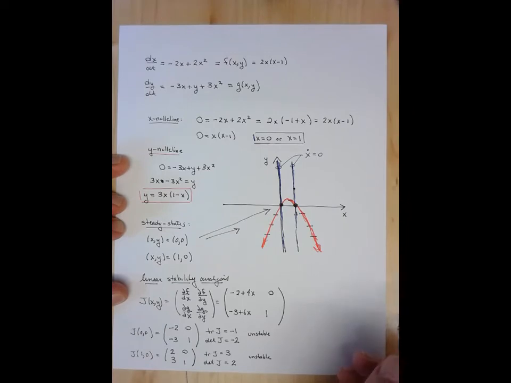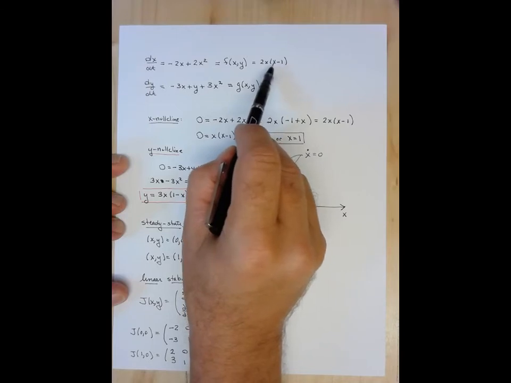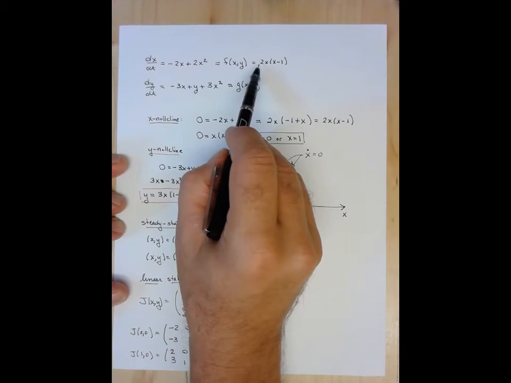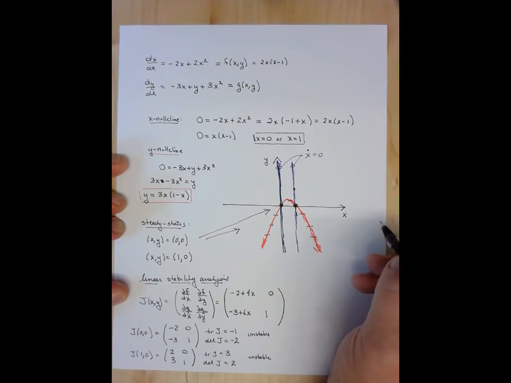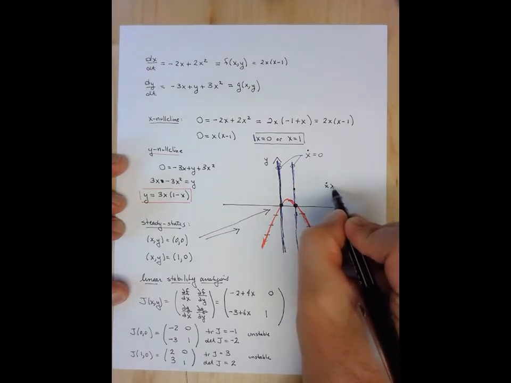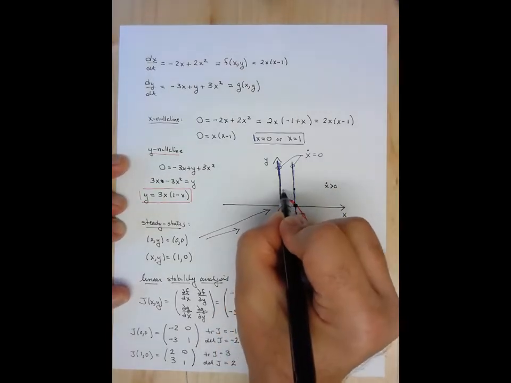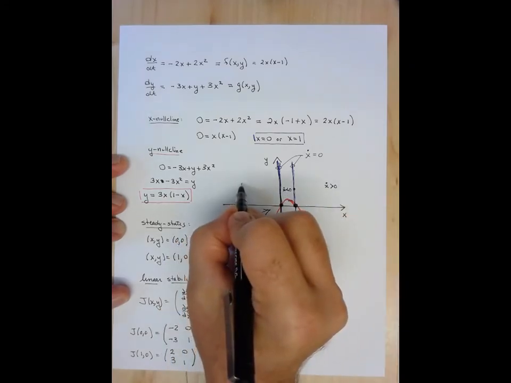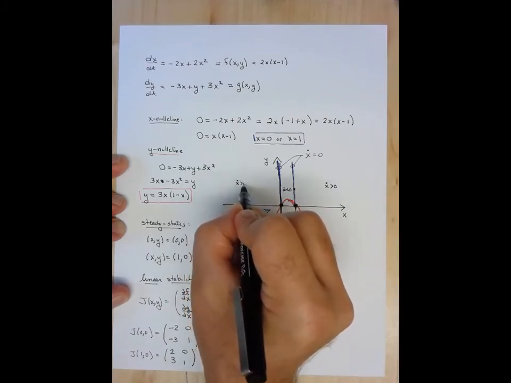So if x is greater than 1, so we're over here, both of these terms, 2x and x minus 1, will be positive, and the rate of change of x will be positive. Now, when x is between 0 and 1, the rate of change of x will be negative, and when x is less than 0, the rate of change of x will be positive again.